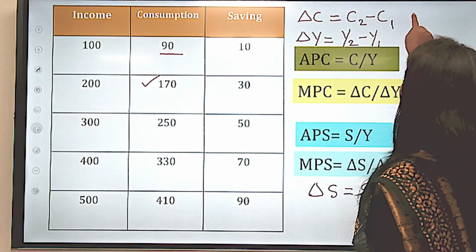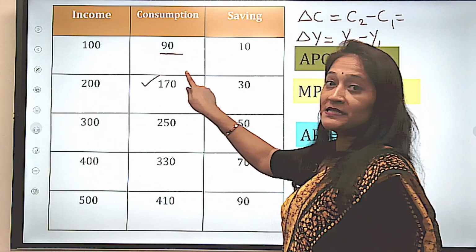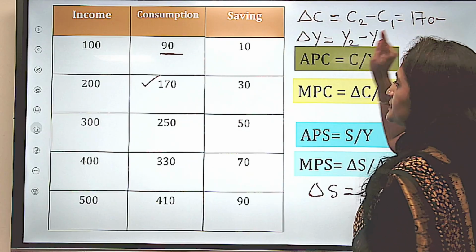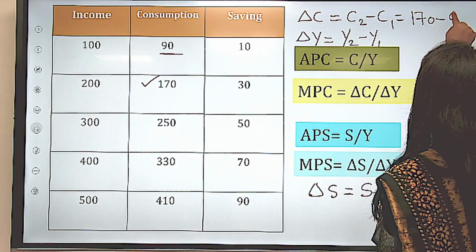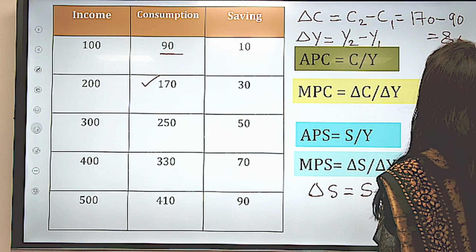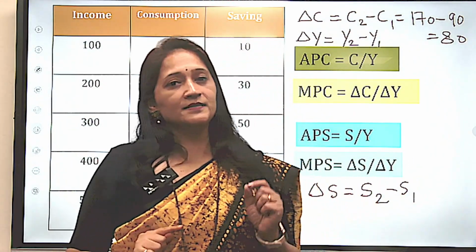So we'll just replace these values over here. Current consumption, that is C2, is 170 minus last year's consumption, which is 90. So when you subtract 90 from 170, we get the answer 80. This is how we calculate the value for delta C.